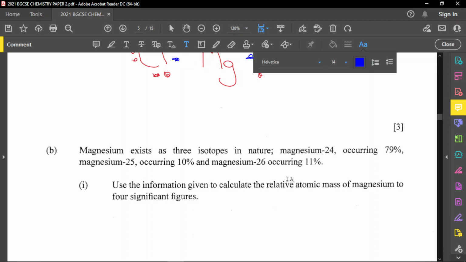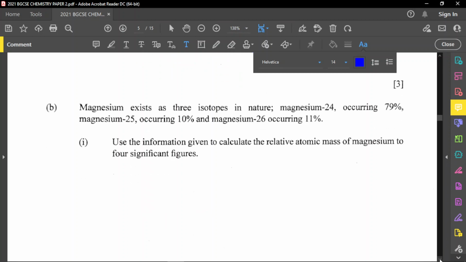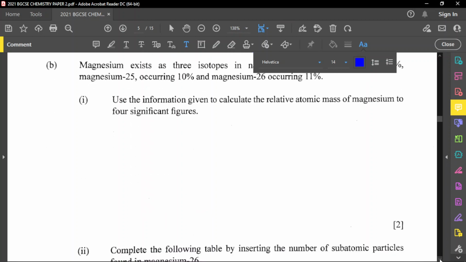Remember what isotopes are: the same element with different mass numbers due to differences in neutrons. It asks us to use the information given to calculate the relative atomic mass of magnesium to 4 significant figures.